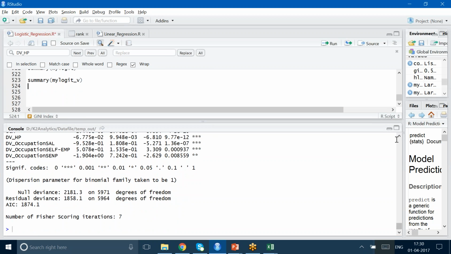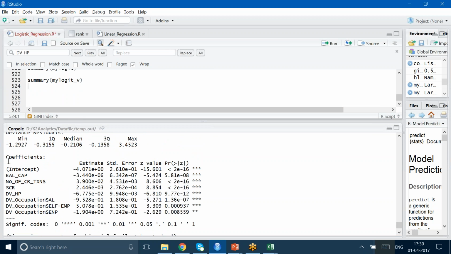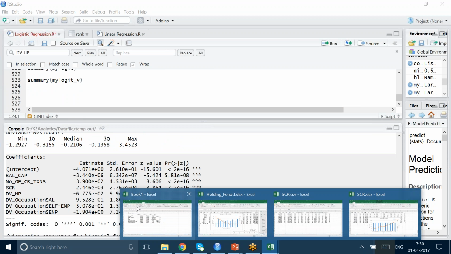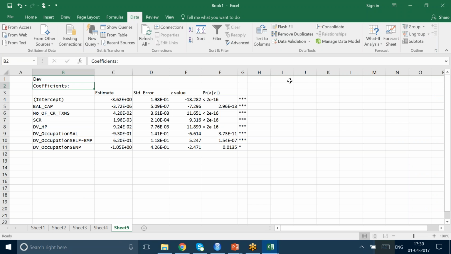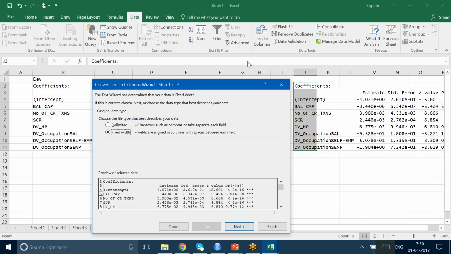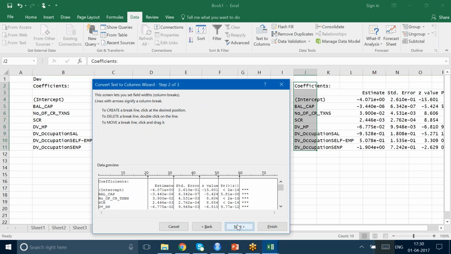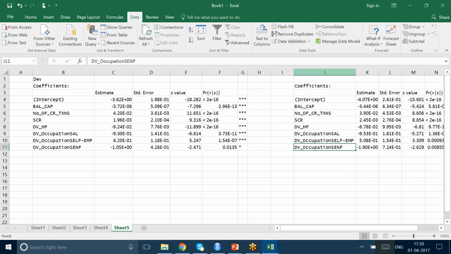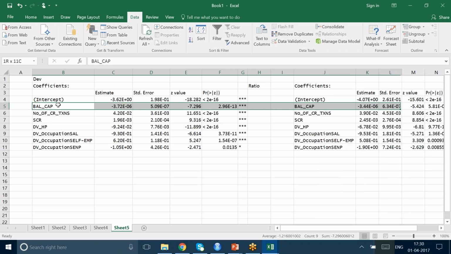I have to take this table, copy, and paste it somewhere here, so that data text to column fixed width gives you a better result. Now before you do the ratio, you have to ensure these things are in line, the variables are in the same line.